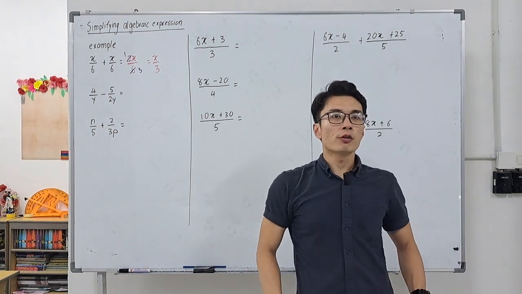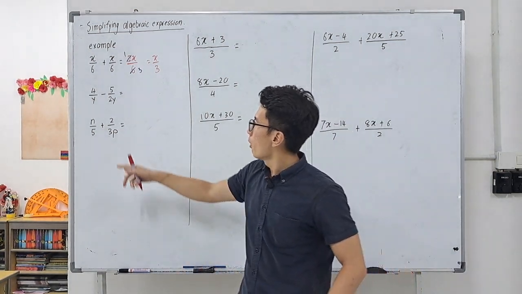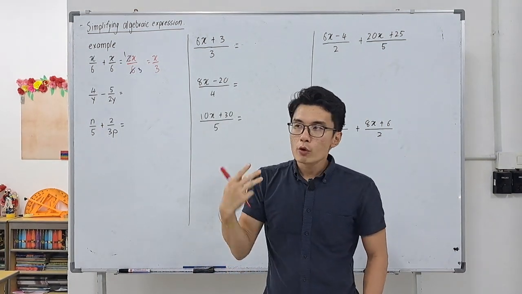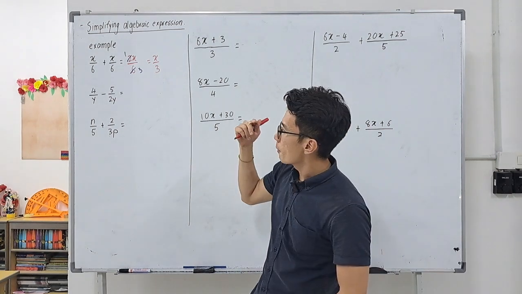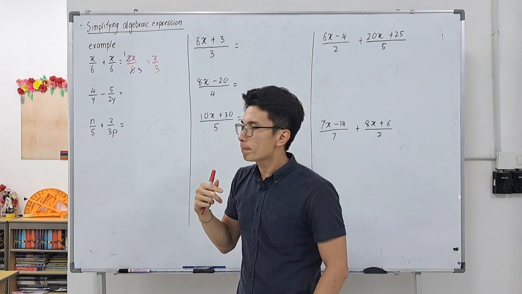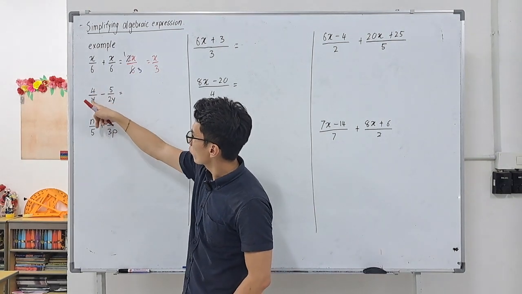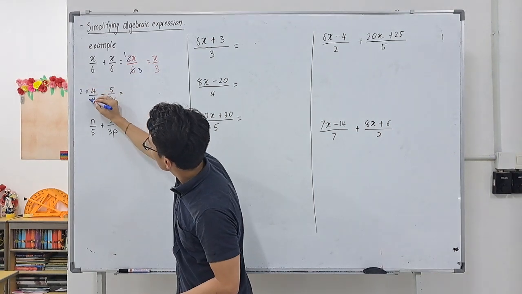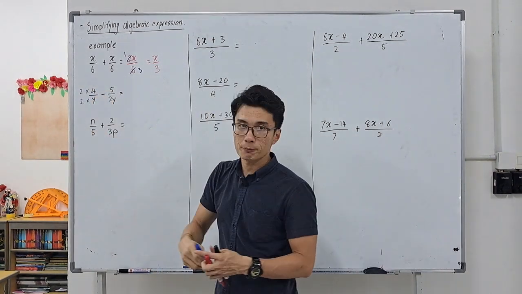There's a subtraction involved, but this time my denominator is not the same. So before we can subtract, what can we do first? We can make the denominator the same. But in this case, what should I multiply? If you notice for this fraction, I should multiply by 2.